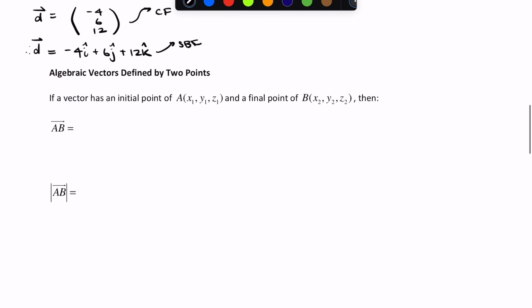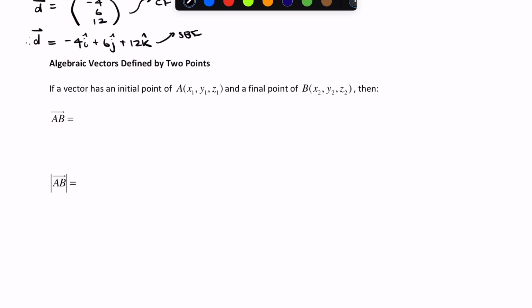Okay, so here we'll look at algebraic vectors defined by 2 points. So if a vector has initial point of A, x1, y1, and z1, and a final point of B, x2, y2, and z2, then the vector AB will be equal to x2 minus x1, y2 minus y1, and z2 minus z1.